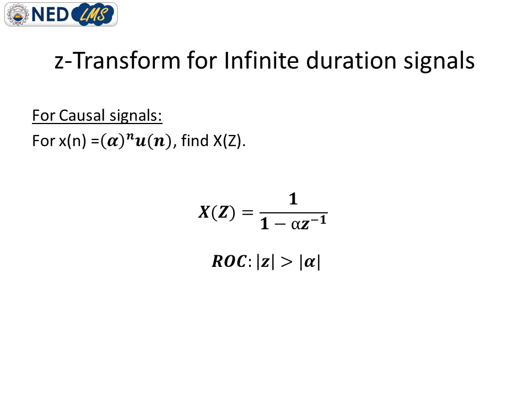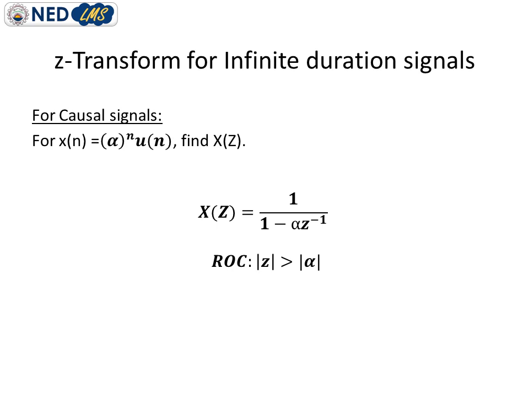So this is the expression of any infinite duration signal, and you can find the Z transform of that type of signal with the help of this standard notation, which is given to you in the slide.